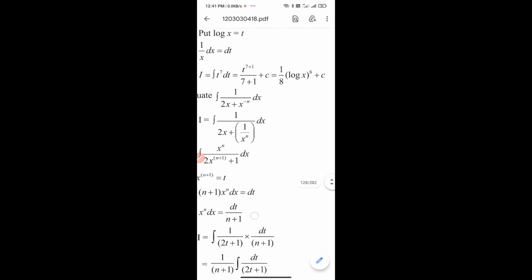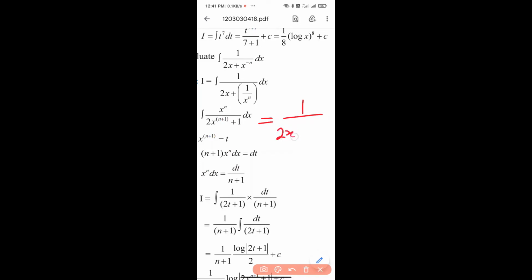So after that step, what we have got was 1 divided by 2x raised to n plus 1 plus 1 divided by x raised to n.